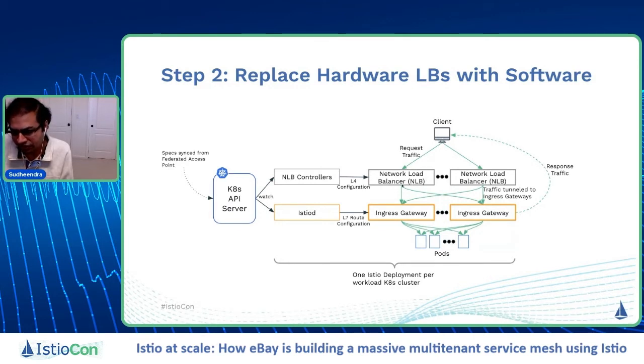The other function is that it tunnels and sends the traffic in a consistent hashing way to the backend ingress gateways. The consistent hashing ensures that the same 4 tuple or 5 tuple gets mapped to the same backend instance of the gateway.